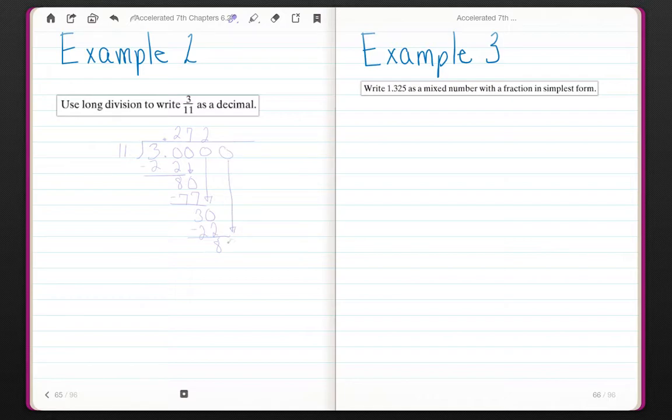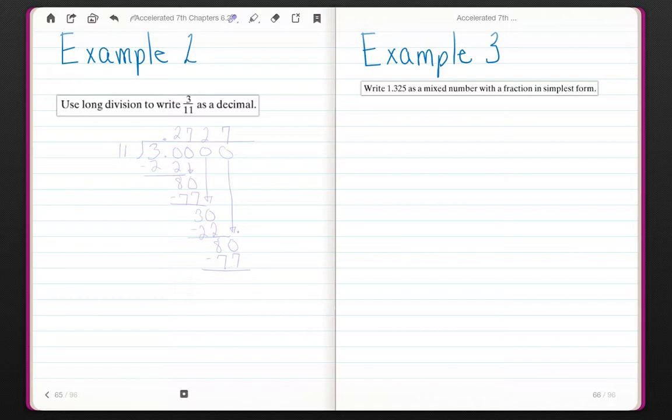Bring it down. 11 goes into 80 7 times. And now I'm starting to see a pattern. I'm starting to see two patterns. First, I'm seeing it in my answer, 2, 7, 2, 7. But I'm also seeing it in my actual problem, 30 minus 22, 80 minus 77.